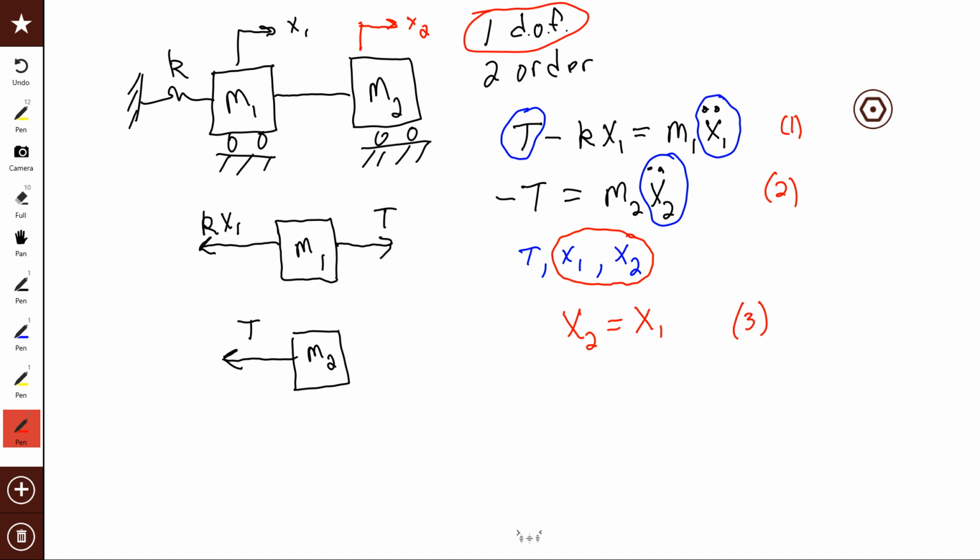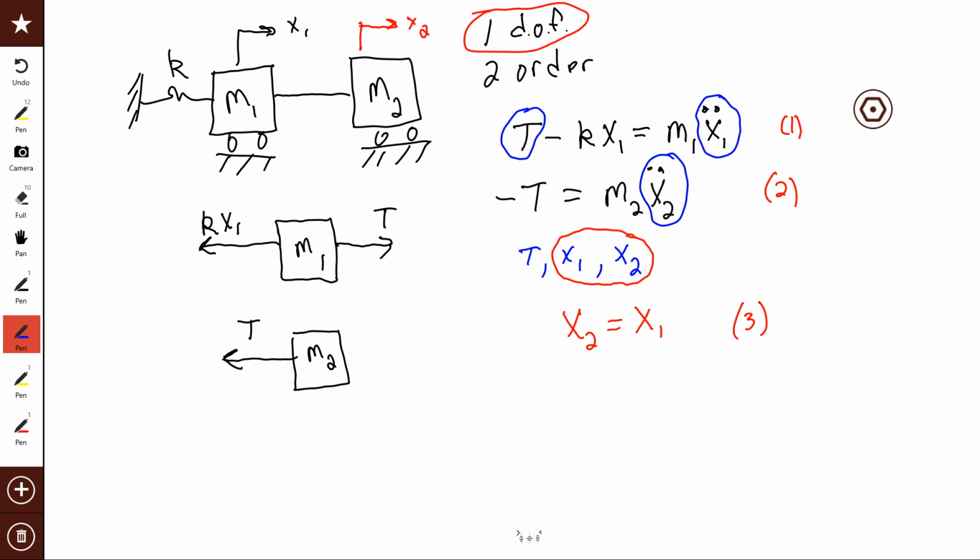So here's what I'm going to do. I'm going to identify the output variables for each one of these systems. For example, if I look at equation 1, I see two variables in there. I see T and I see x1. I need to determine what this equation is solving for.